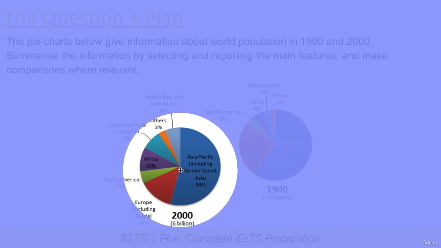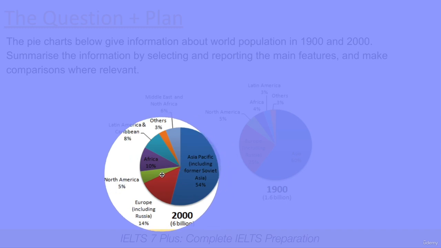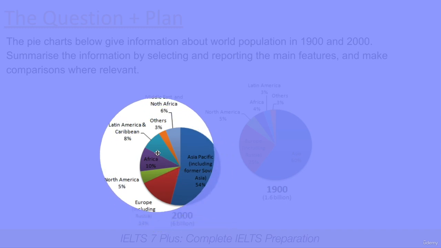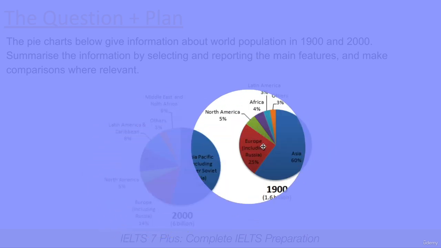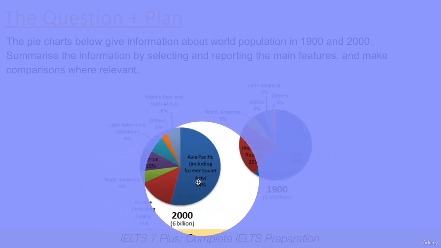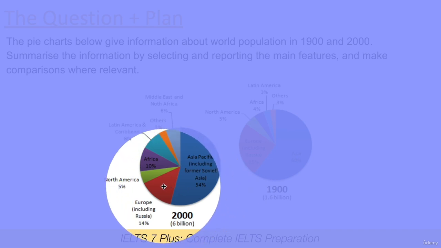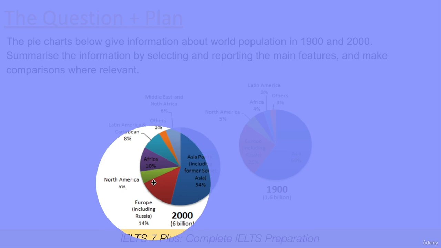It has the biggest number of people under this category. Followed again by Europe, so it's following the same trend here. We're making comparisons. But again, Europe has decreased from 25% to 14%. So it's a drop as well.